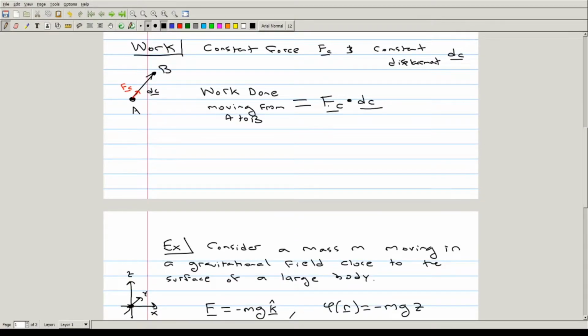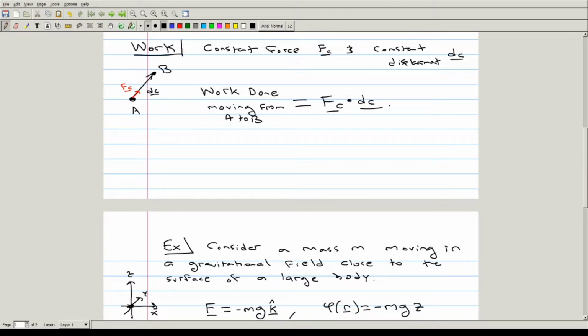Or, as you'll remember from elementary physics, work is force times displacement, or force times distance. So this is the amount of energy done against the force field F, or with the force field F, as you move from A to B along this straight line path.